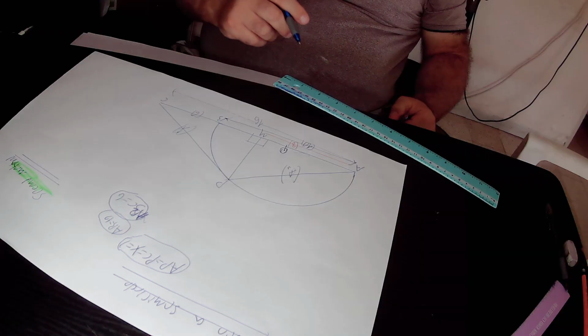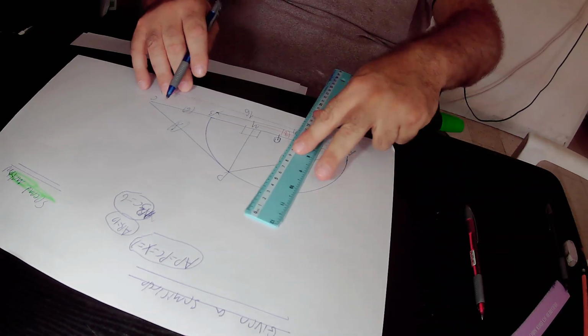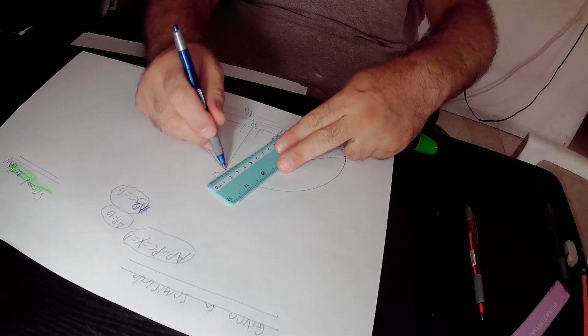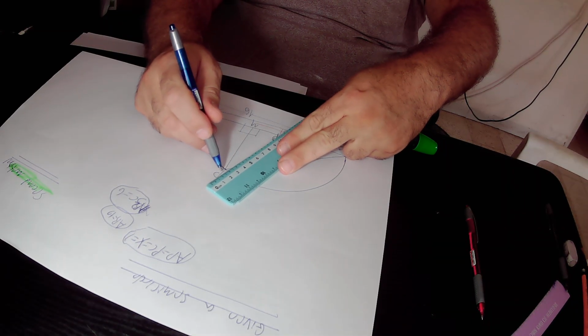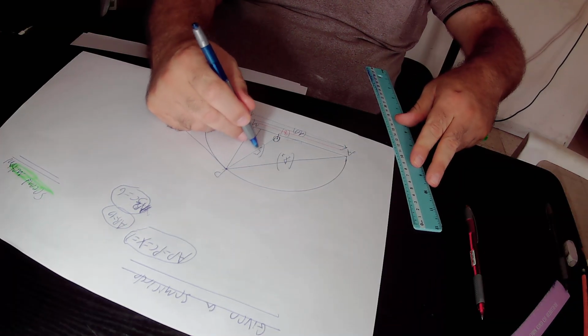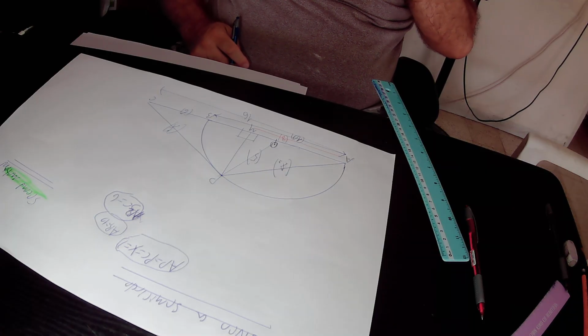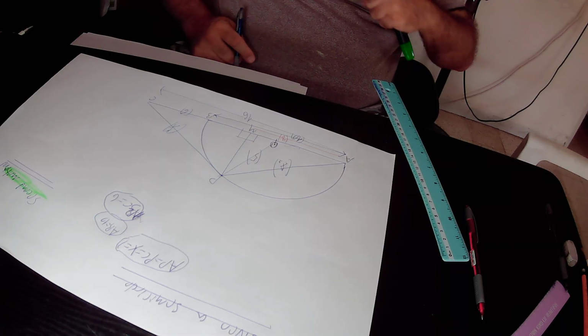We join points P and O together by a straight line. PO is of course the radius of the semicircle. This equals 5 units. OA is also the radius of the semicircle, that is equal to 5.